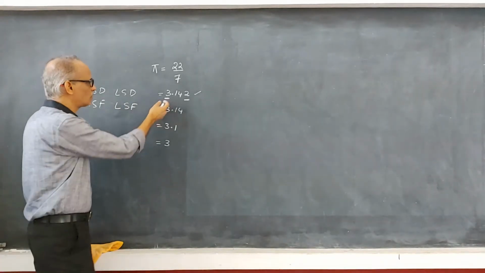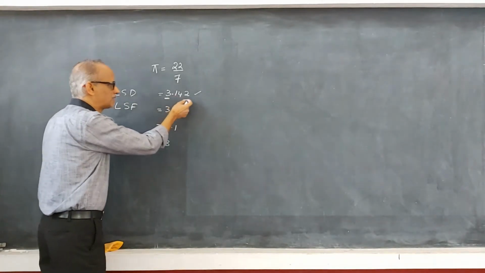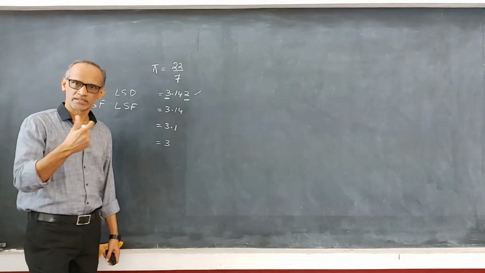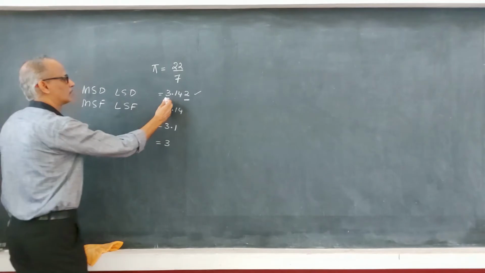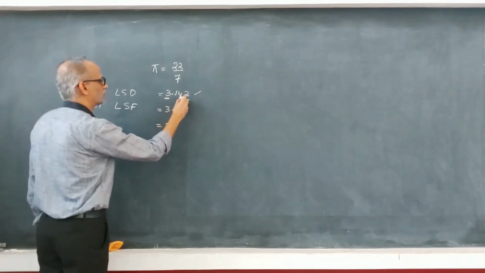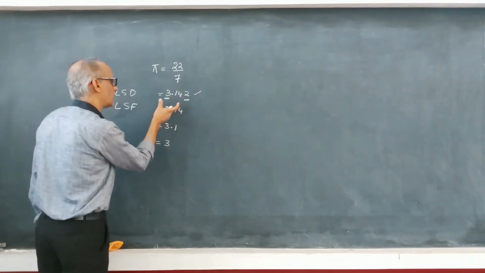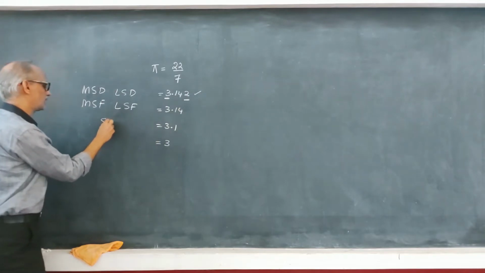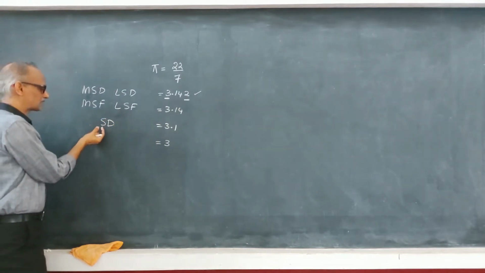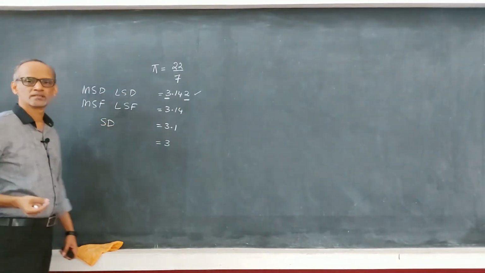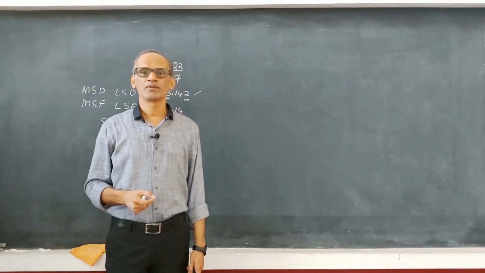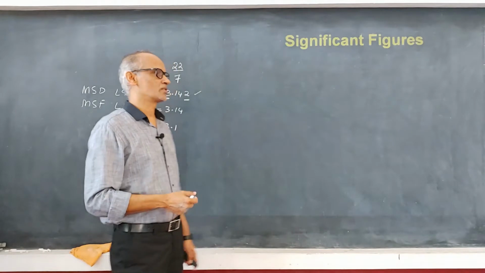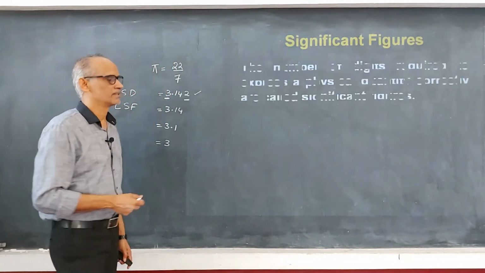And then from the most till the least, if you count how many digits are there, 1, 2, 3, 4, that 4 is called the number of significant digits in a given measurement. So that's what the topic is all about, the significant figure.